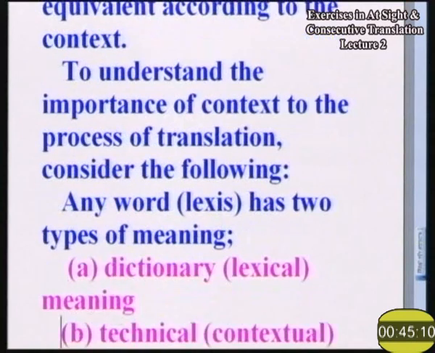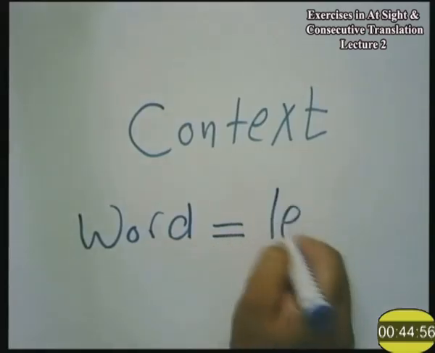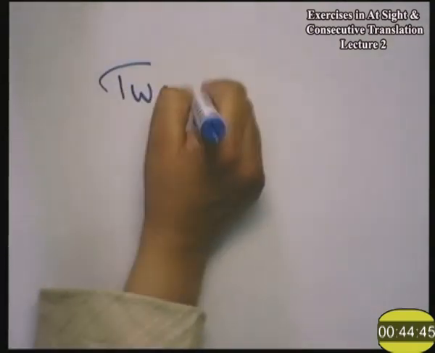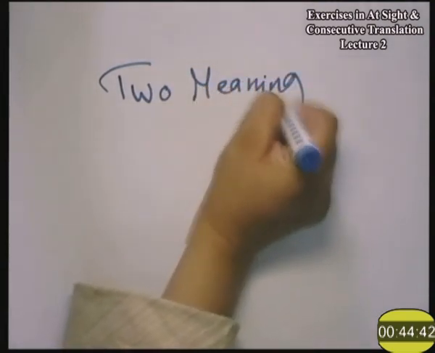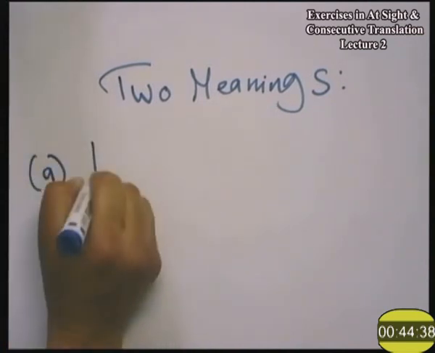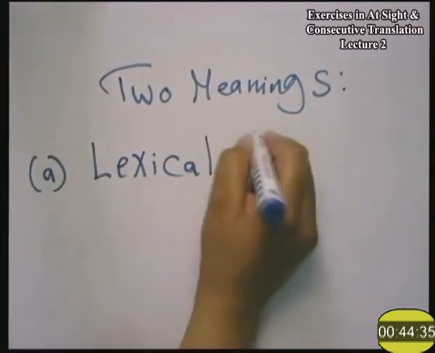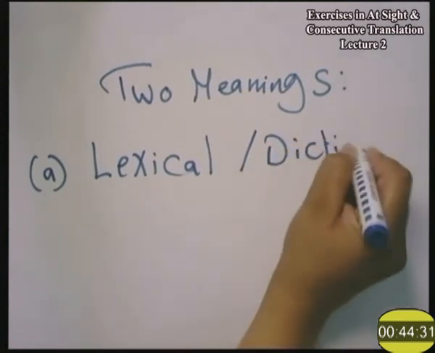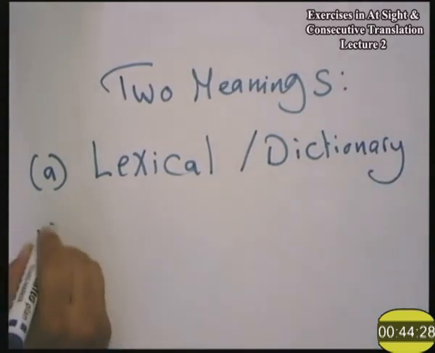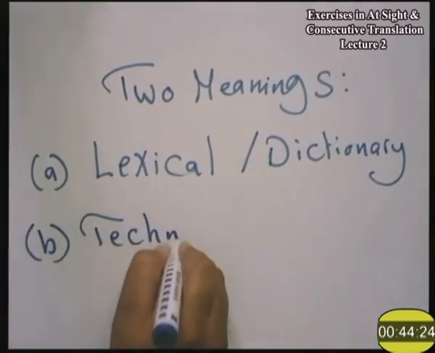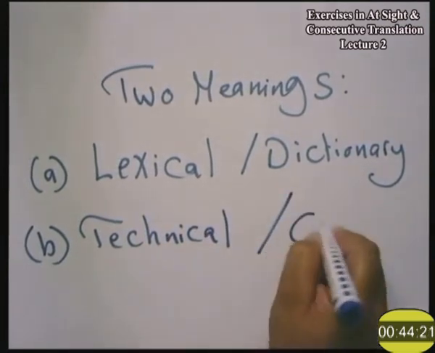Now, any word or lexis has two types of meaning. A lexical meaning or dictionary meaning, and the second is the technical or contextual meaning.